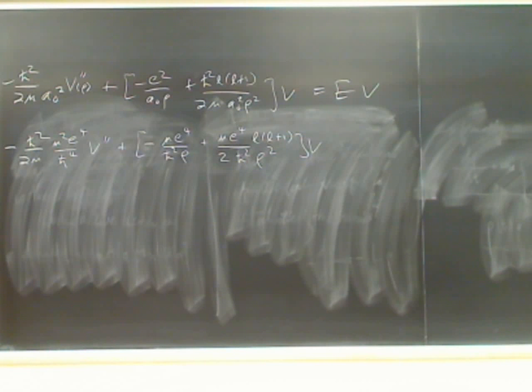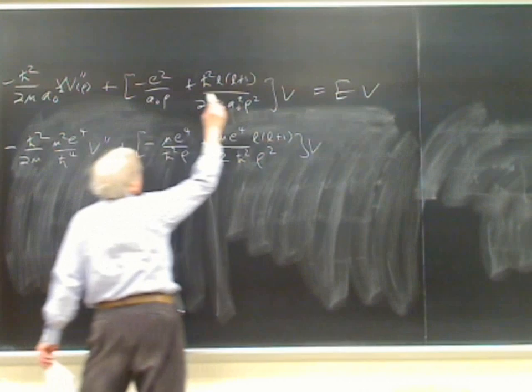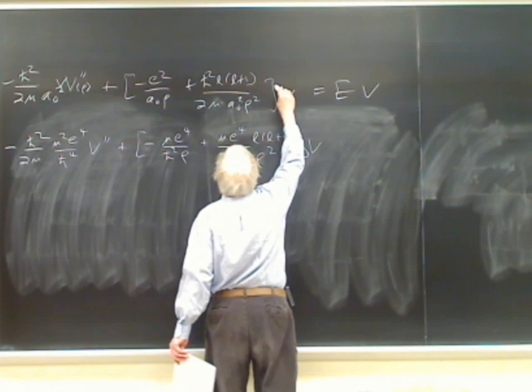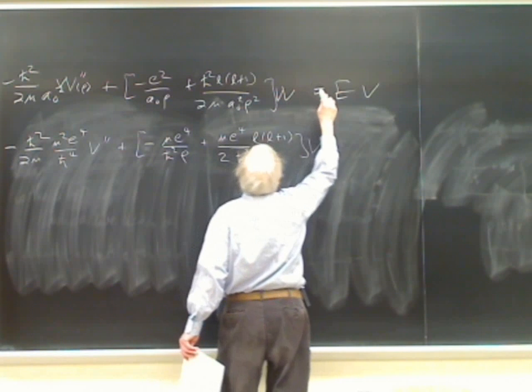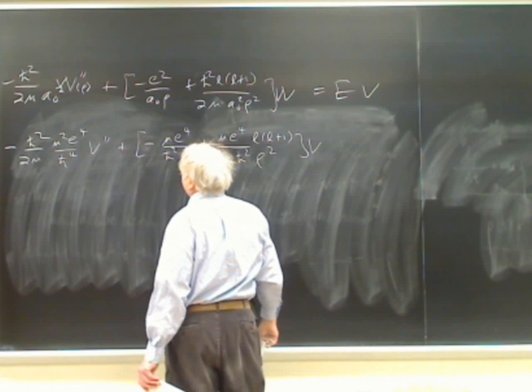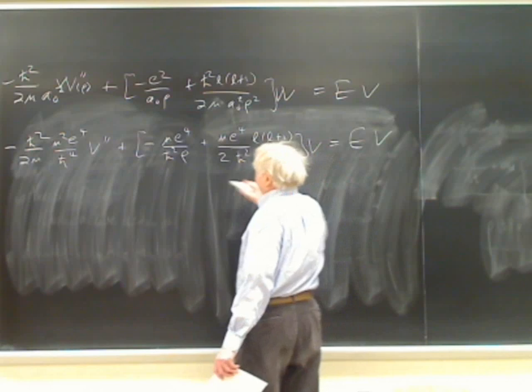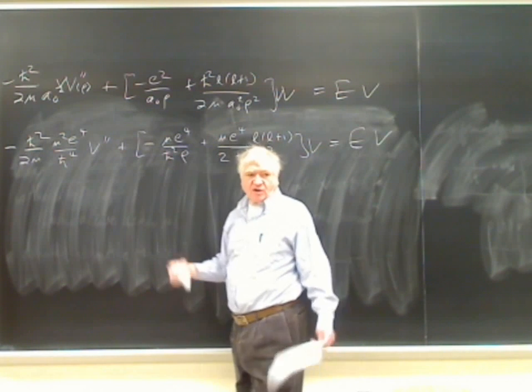So, I'll call it W. U goes to W. Oh, but V is gone, so maybe we could stay with V, because V was minus e squared over r, and we don't have that V anymore.